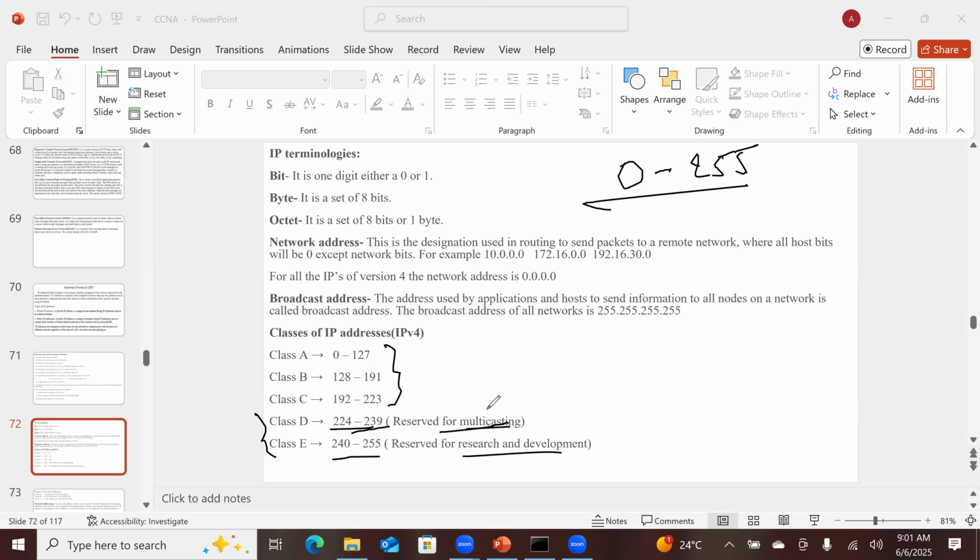We are going to see some multicasting IP addresses during our Cisco networking. All these networking devices use some multicast addresses from this particular range, 224 to 239. And class E you can't use because that is given to research and development of defense.